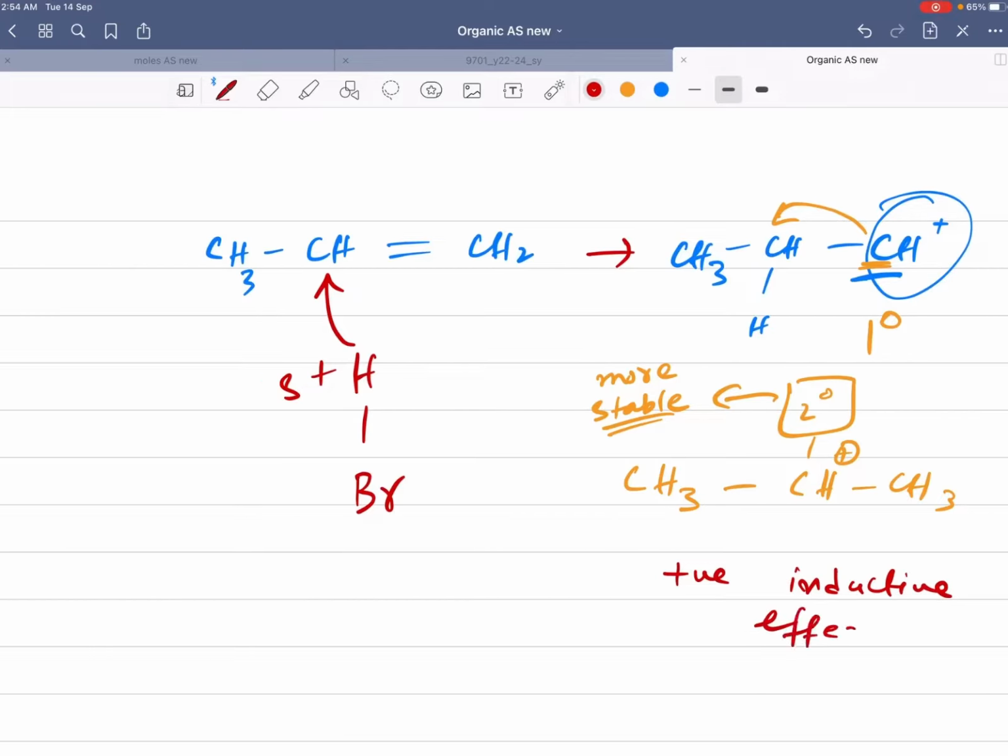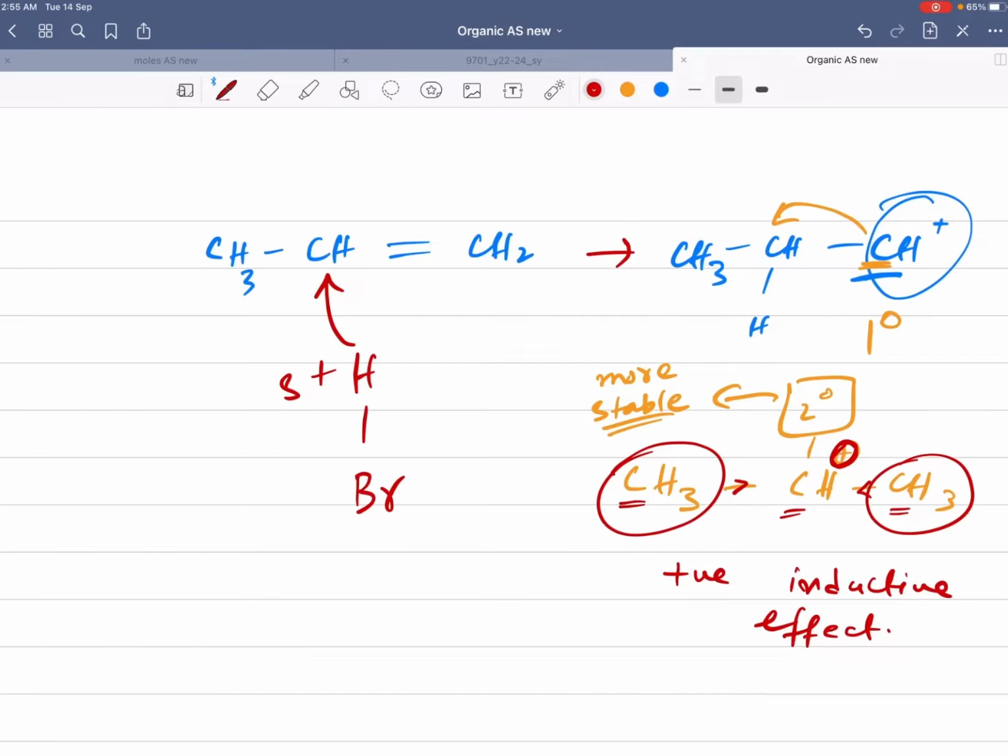What is positive inductive effect? The electron releasing nature of the neighboring carbon. These carbons will transfer some of their electron density to this carbon, so that the positive charge intensity to some extent gets released, to some extent gets stabilized. So you can just simply call it the first aid given by the alkyl groups attached to the carbocations, right?